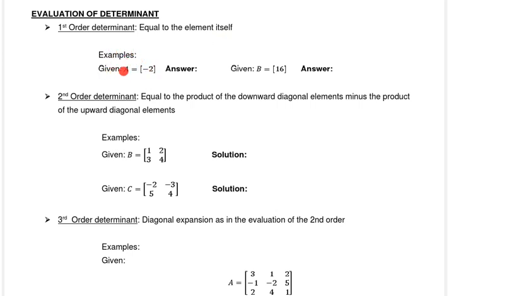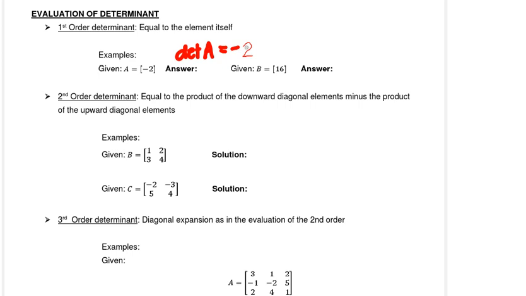We have here given matrix A. If we evaluate our first order determinant, yung magiging answer natin dito is the determinant of A is equal to the element itself. So, yung element ng matrix A natin is negative 2. So, our determinant of A of our first order is negative 2.